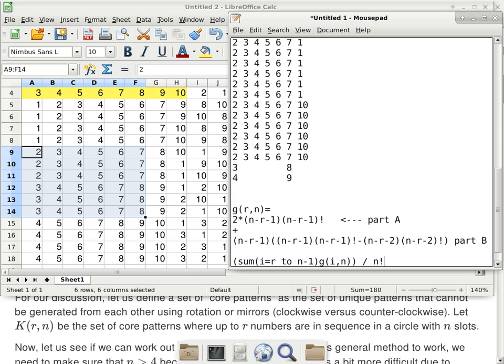Well, technically you have to divide by n factorial, because I'm asking for the chances of ending up with an assignment where you have at least R numbers in the sequence. But that minor detail is not going to be that important for this one. I'm not going to look at this and say, you didn't divide by n factorial, no points, move on to the next one.